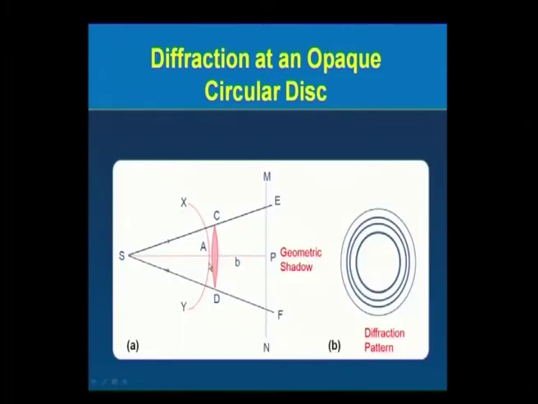The point A is taken as the pole, and with P as the center, draw spheres; they will give rise to half period zones on the wavefront, and because of the half period zones, what will happen to the resultant displacement?